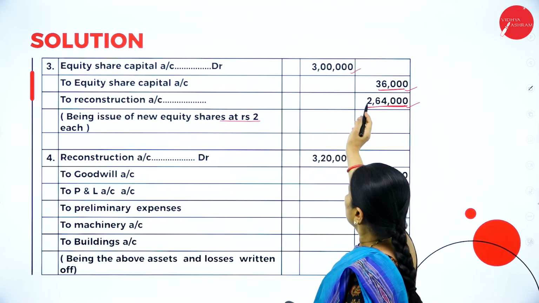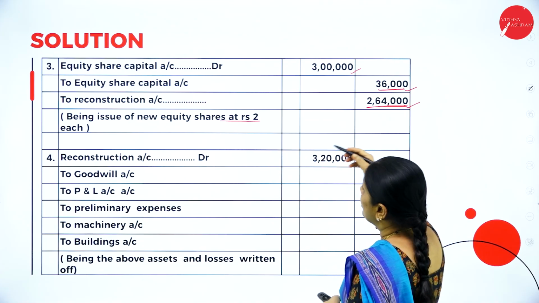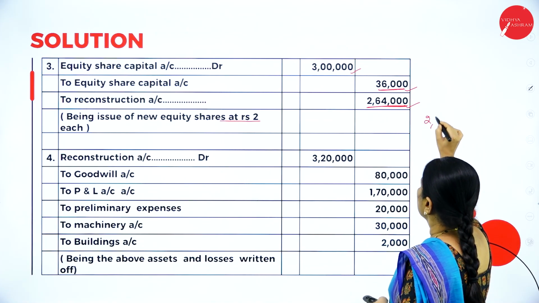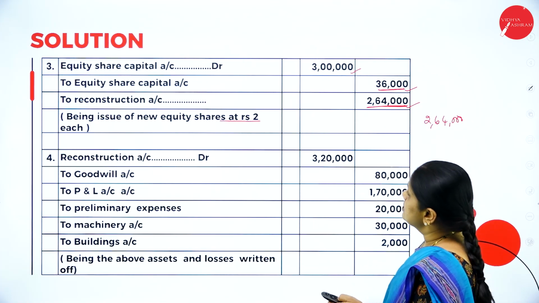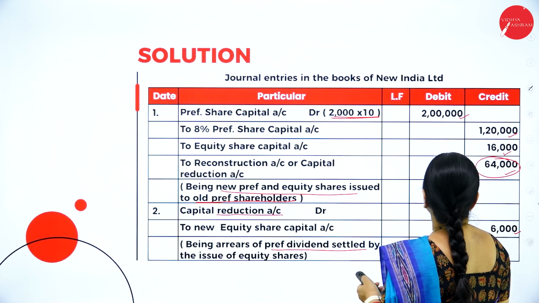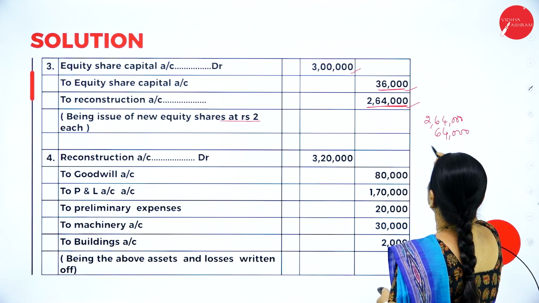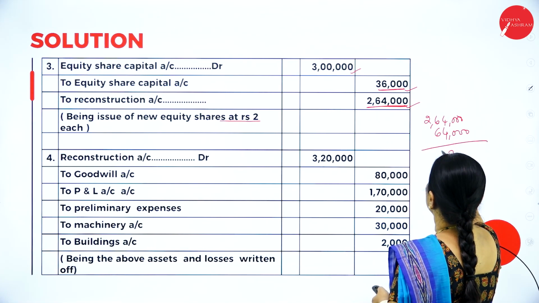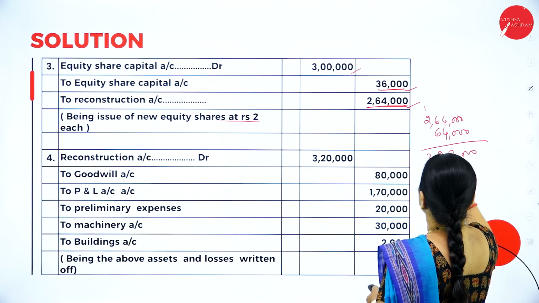Now what is the amount in reconstruction account? How do you calculate? You just add all the balances. So the reconstruction account balance is 2,64,000 here, and then here again we have 64,000 plus 64,000, so it comes up to 3,28,000.